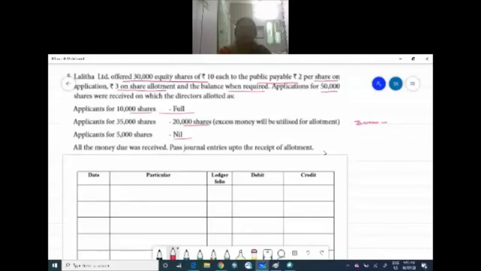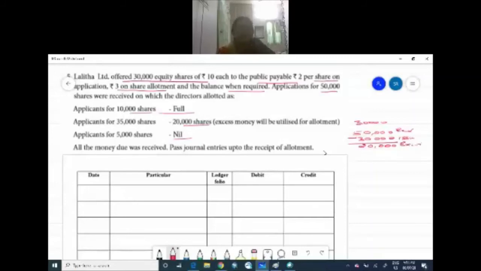Actually, they are applying for how many shares? 50,000 shares. So how much is the excess? 50 minus 30, and this is your issue. This is what you have received. So how much is the excess? 20,000 shares. In this excess, how much are you going to return?